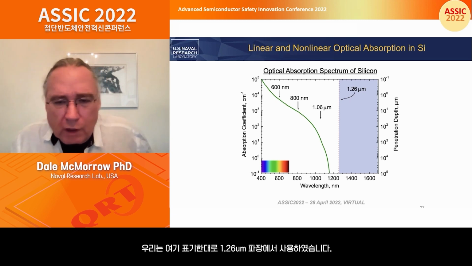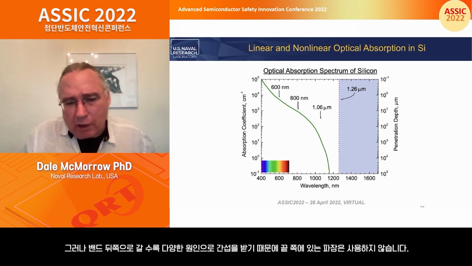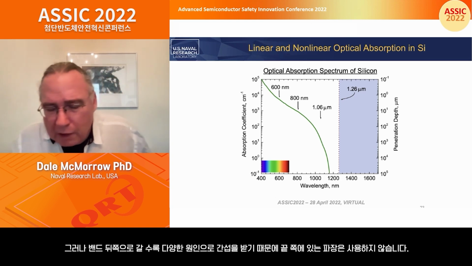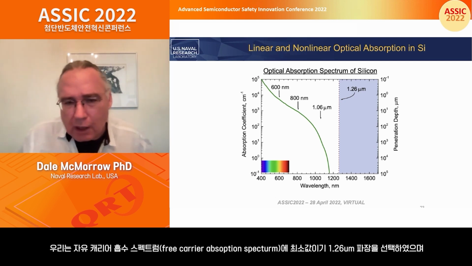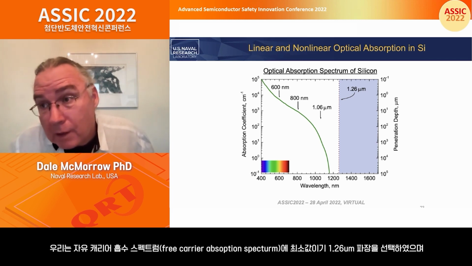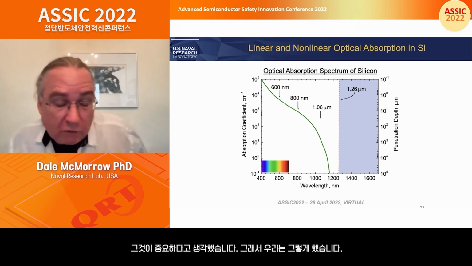We started working at 1.26 micron, as is indicated here, and you can pretty much work anywhere to the right of that. And you don't want to get too close to the band edge because then you start getting interference from various things. But basically, we chose that wavelength because there was a minimum in the free carrier absorption spectrum, and we thought that was important, so we went with it.